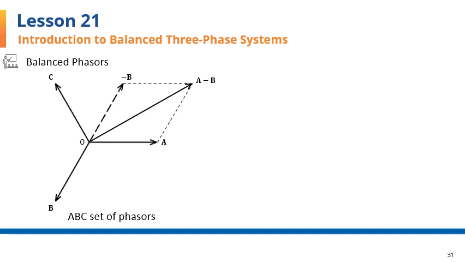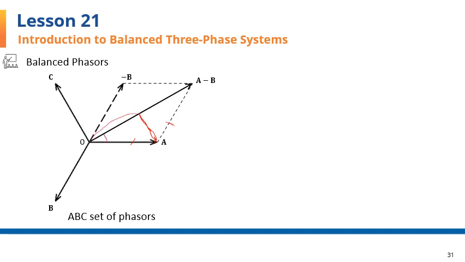Now let's find the length of A minus B. To do that, let me draw an altitude of this triangle. Because this is an isosceles triangle, the altitude bisects the base. Let me find the length of half of that base.